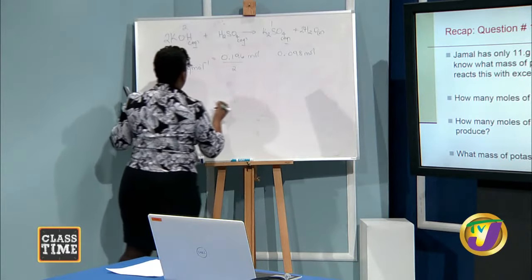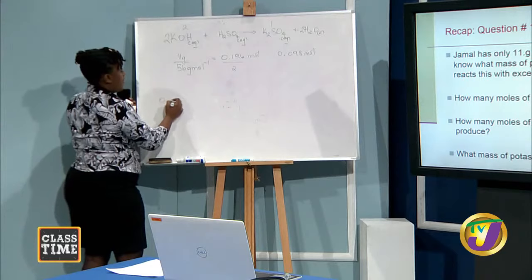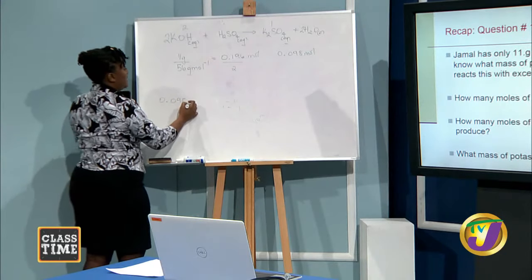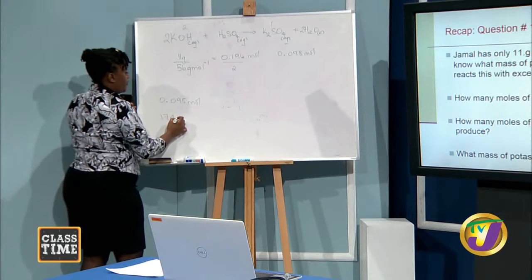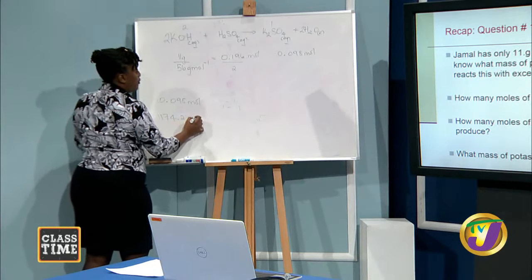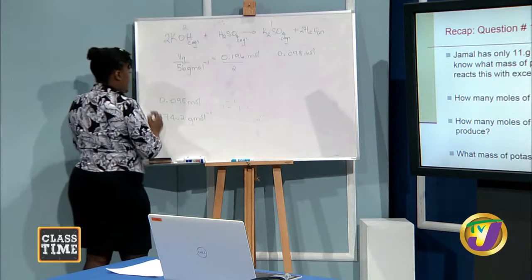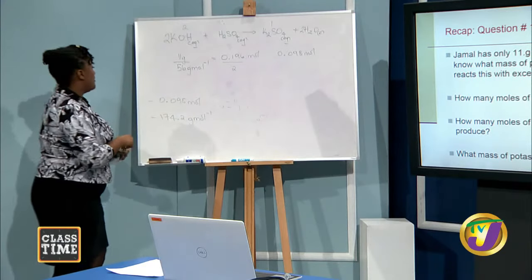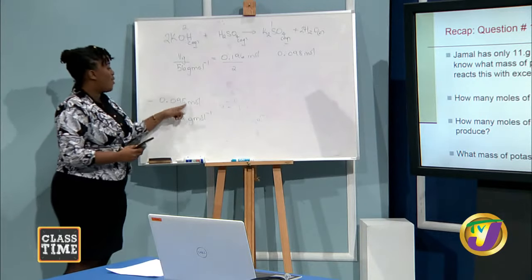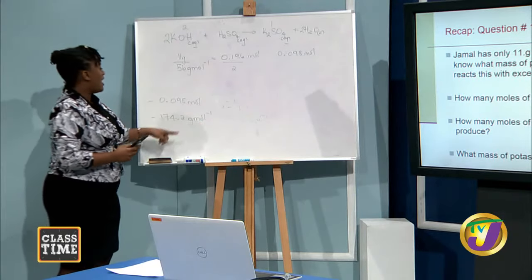Okay, so I'm going to use the number of moles that I have of potassium sulfate. That's 0.098 mole. And the molar mass is 174.2 gram per mole. So we have these 2 things and we need to get grams. How do I get grams from this? I am looking at moles and I look at per mole here. I need grams.